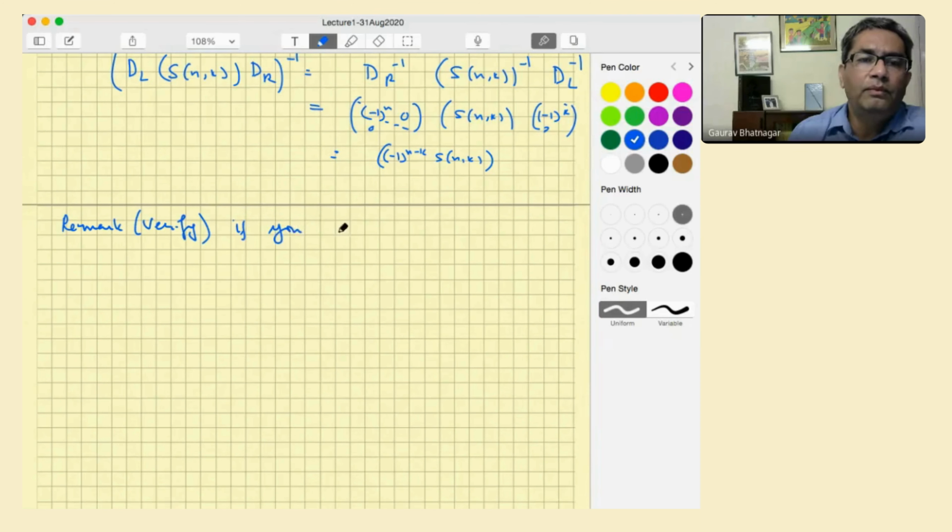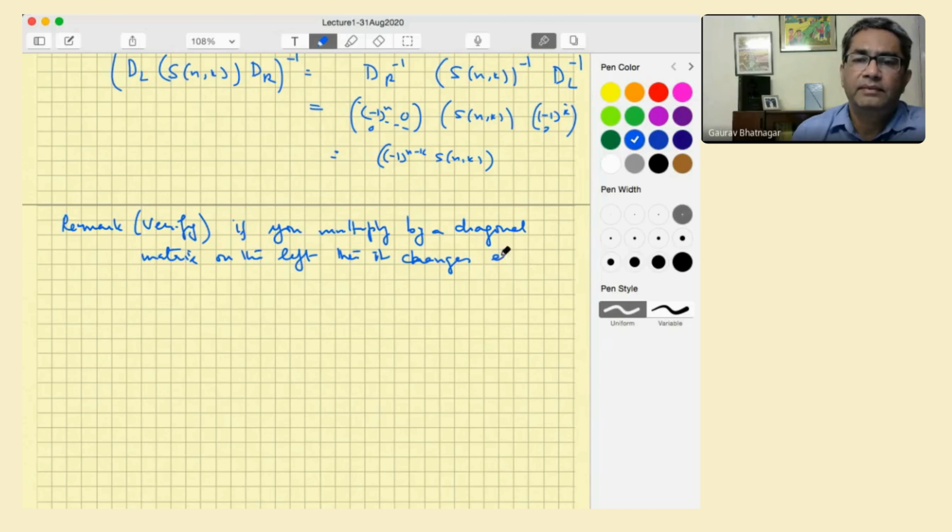If you multiply by a diagonal matrix on the left, then it changes the elements in the nth row.